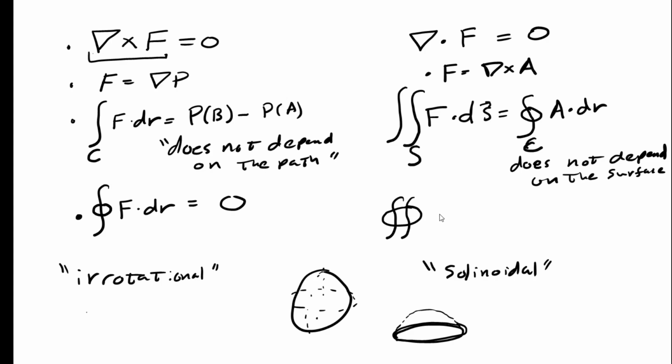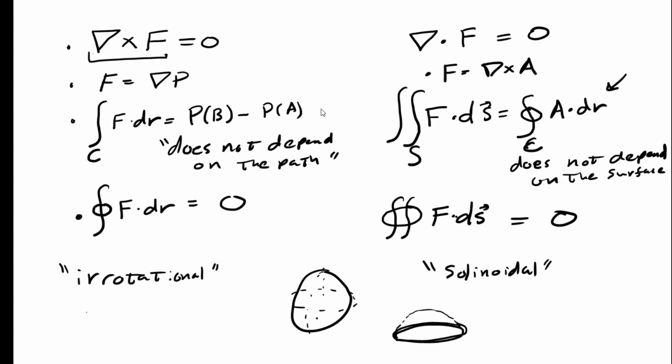Okay, so if I have something like this, and I'm integrating around a surface, then this is going to be 0. Because there's no boundary, right? And it doesn't depend on the surface, it only depends on the boundary, and if there's no boundary, it's going to be 0. So this right here is Stokes' theorem.